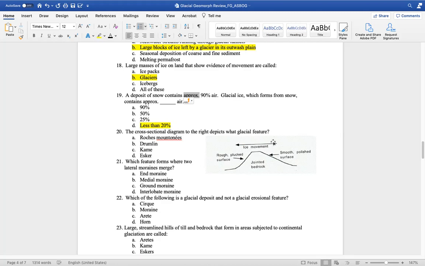But let's just make sure we know what we're talking about. So an esker, that is a sinuous ridge. And then a kame is an irregularly shaped hill that forms as the result of a retreating glacier.